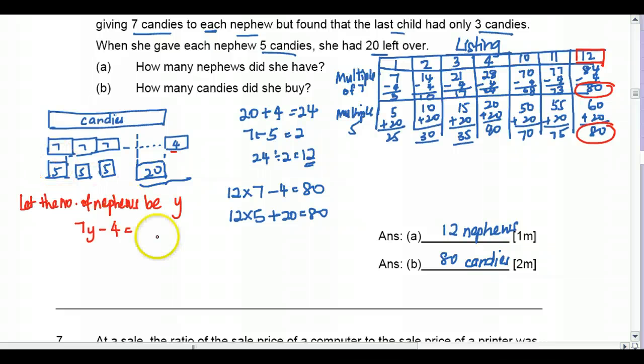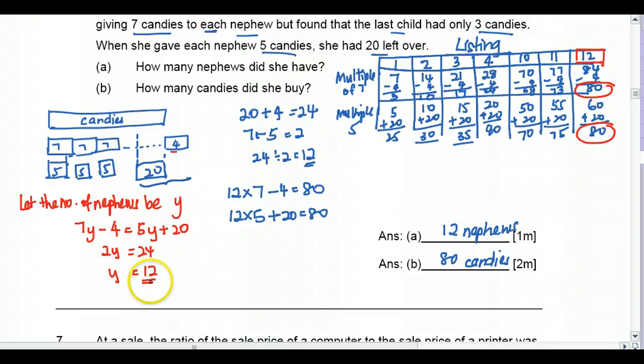It's the same as if each nephew is given 5 candies, so 5y, and I need to add my 20. So 7y minus 5y will be 2y is 24, y is 12. From here I know that there are 12 nephews. Okay, so from here I can substitute.